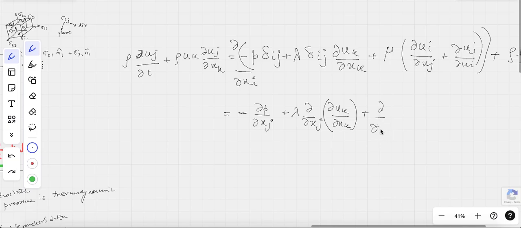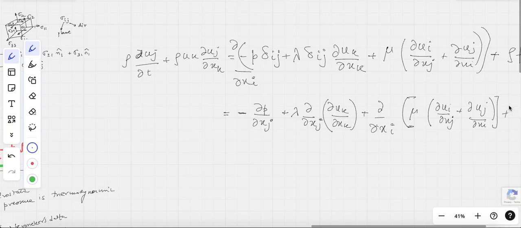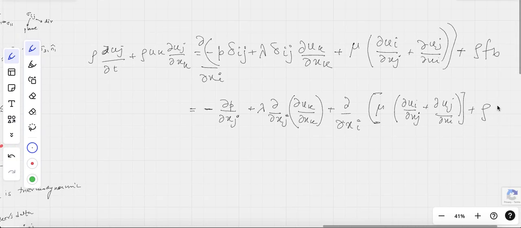This will be xi because there is no Kronecker delta to change this index. Mu is the third bracket, (dui by dxj plus duj by dxi), plus rho this thing, right?